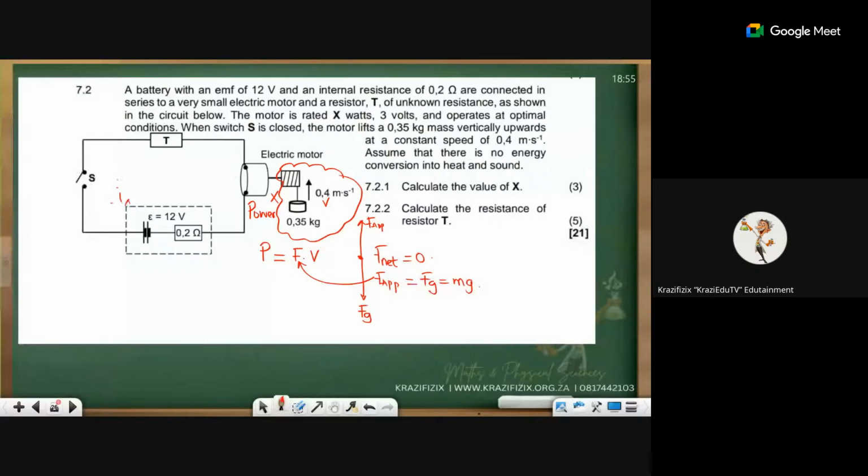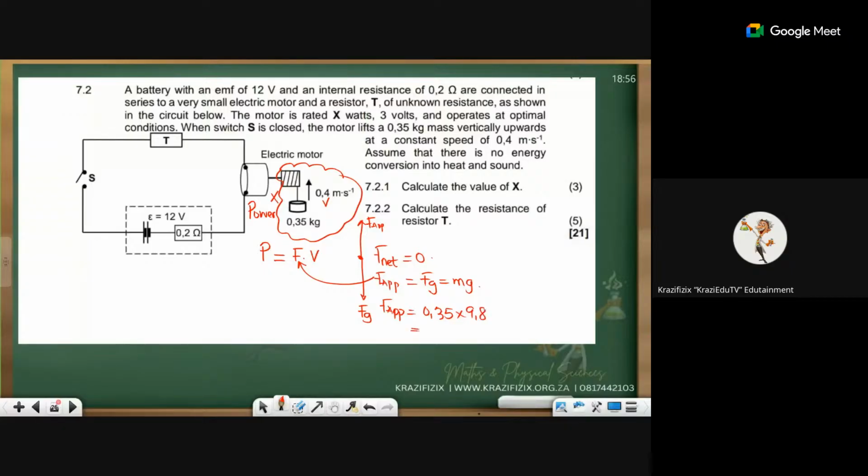And that gives me power. All right. Now, guys, can we quickly calculate the force applied? Okay, what is my force applied going to be? Do we have the mass? Yes. 0,35 times 9,8.